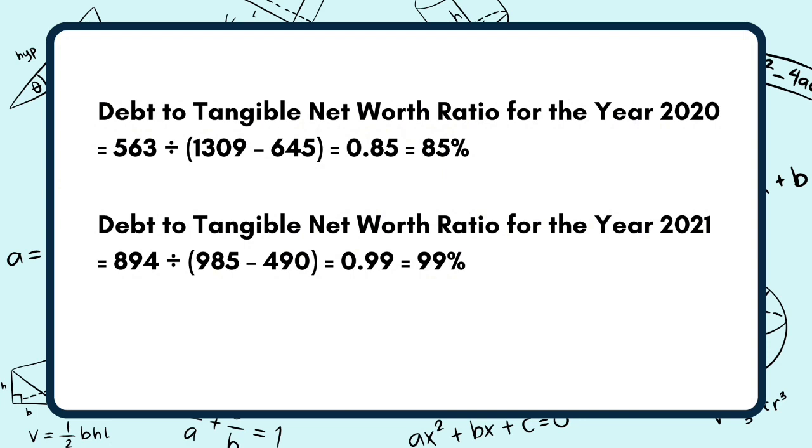The debt to tangible net worth ratio for the year 2021 is 894 for total liabilities divided by 985 for shareholders' equity minus 490 for intangible assets is equal to 0.99 or 99%.